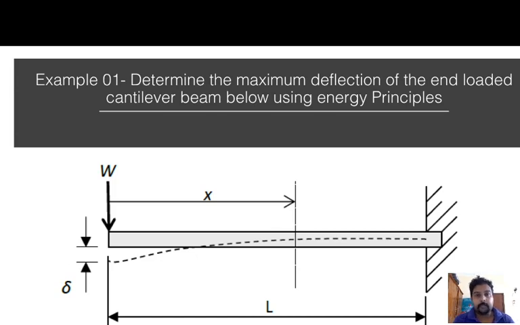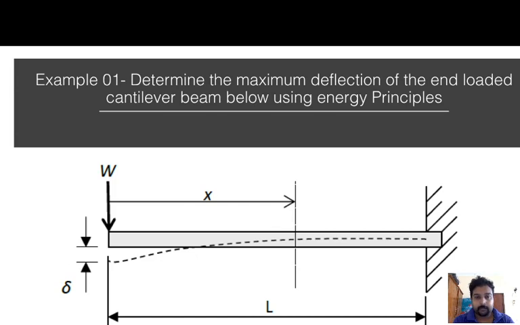So we will see an example determining the maximum deflection of the end-loaded cantilever beam below using energy principles. We will consider a cantilever beam which has a length of L and deflection of delta. We will consider from the point load in the x direction.